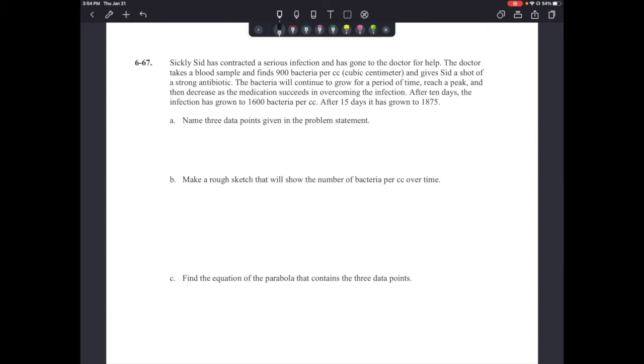So, letter A says name 3 data points given in the problem statement. To do that, we're going to have to define some variables. Let x equal the time since the doctor's appointment.